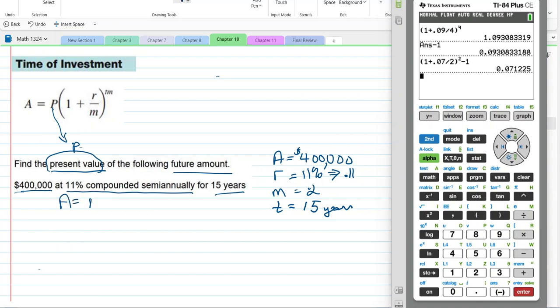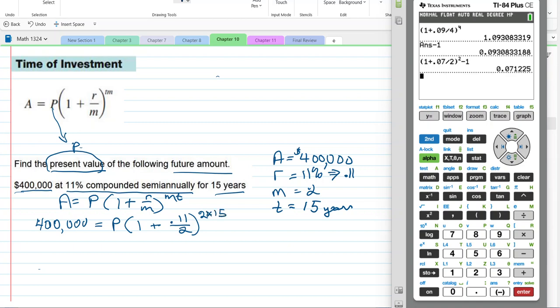A equals P, parenthesis, 1 plus R over M, raised to the M T. All right, so I'm going to have 400,000 equals P, parenthesis, 1 plus decimal 0.11 divided by 2 raised to the 2 times 15.